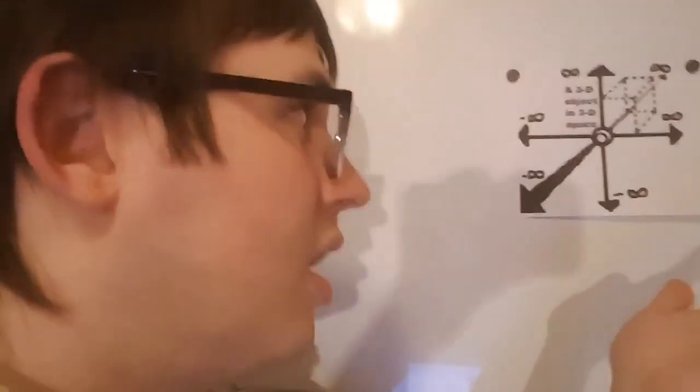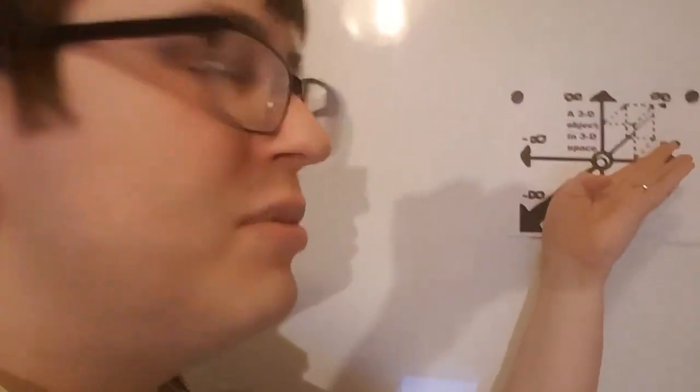And I tried to artistically designate a 3D object in 3D space, but I mean, you're watching a video and all you can see is really 2D space right now. I know that might sound weird, but trust me, you're only seeing 2D things right now. You can imagine depth going on, but you're not seeing the back of my head.